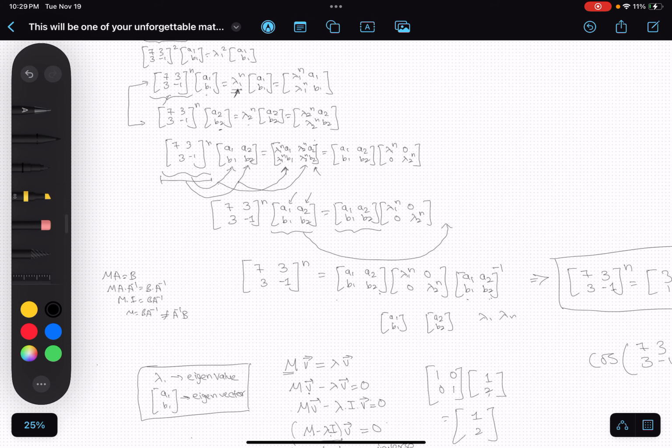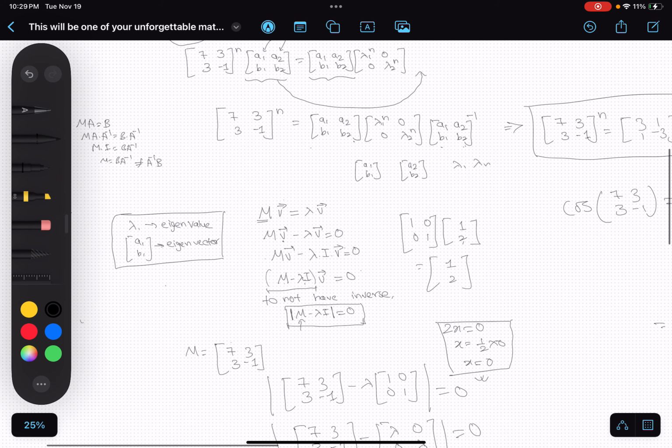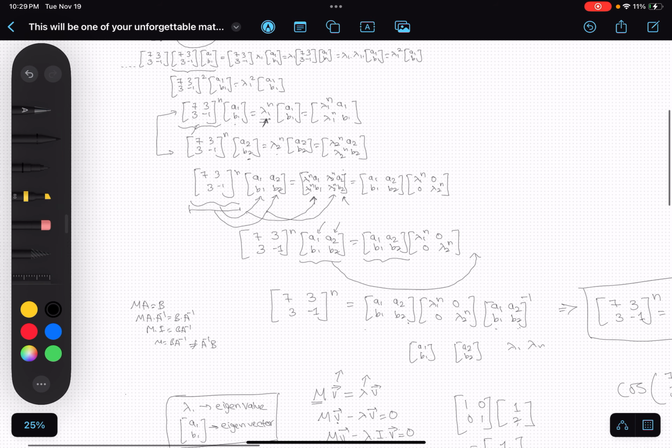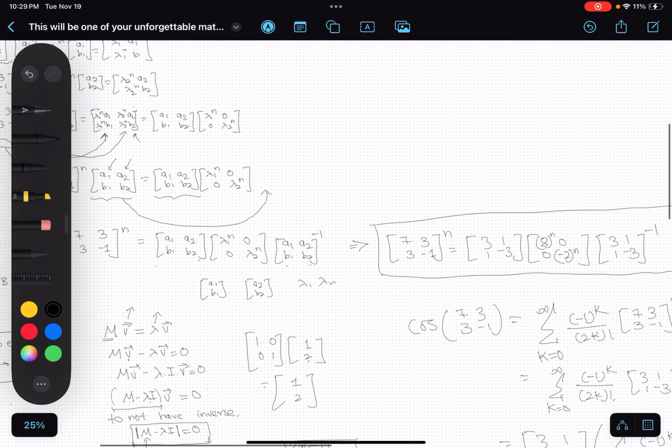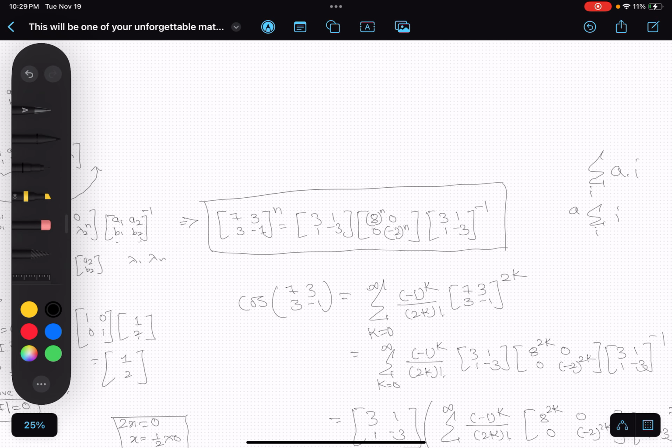Just as I told you, I have already introduced that this is called the eigenvector and this is called the eigenvalue. Something more you need to know about the terminology: in this format, this matrix 8 0 0 minus 2, where this is lambda 1 and this is lambda 2, we call D, which stands for diagonal matrix, because only diagonal elements are there and the rest are zeros.